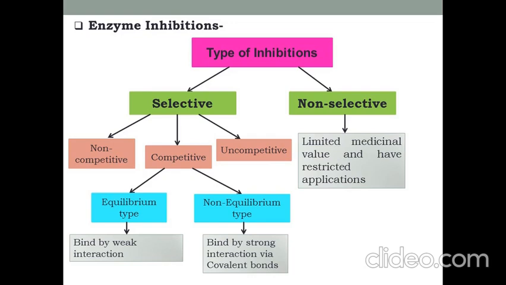The equilibrium type is also known as reversible inhibition, and non-equilibrium is called irreversible inhibition. In the equilibrium type, binding between the enzyme and inhibitor drug is by weak interactions, so by increasing the substrate concentration, the inhibitor is replaced. But in the non-equilibrium type, there is a permanent or covalent bond between the inhibitor drug and enzyme.